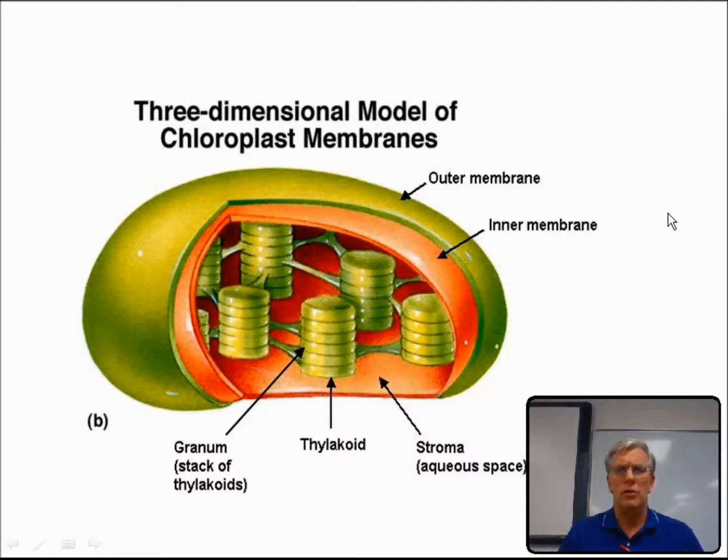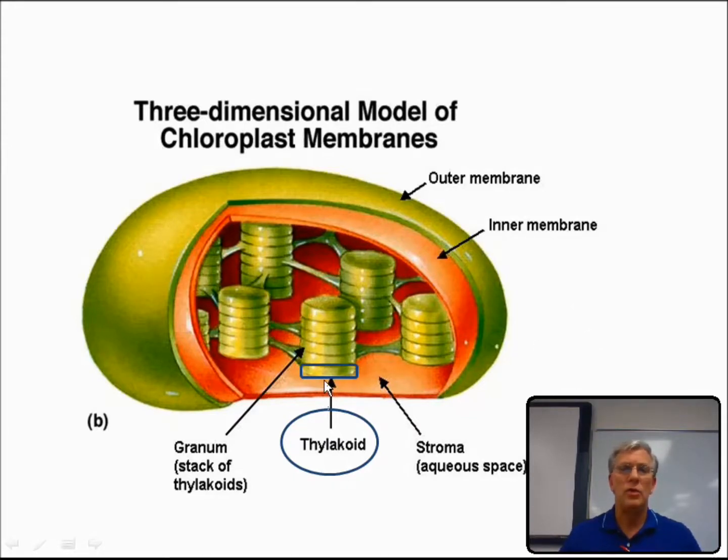Now, chloroplasts obviously look very tiny, and even under the microscope they're very small, but when you blow them up, they have some structural parts that we need to be aware of. The chloroplasts have an outer and an inner membrane. That inner membrane takes on certain folds, and they form what looks like coins almost, and those coins or folds of membrane are called thylakoids.